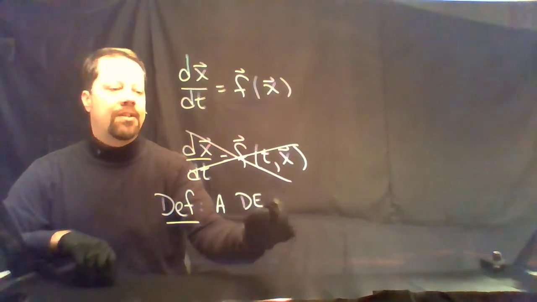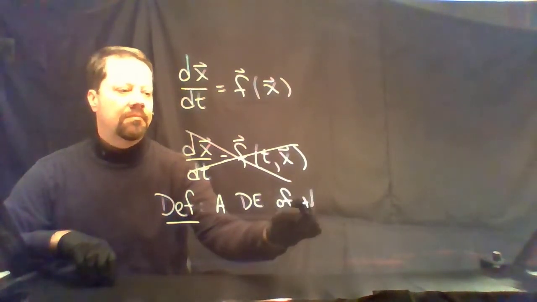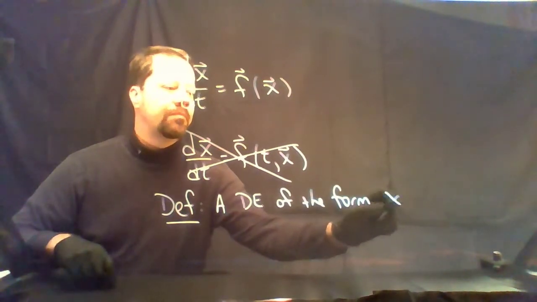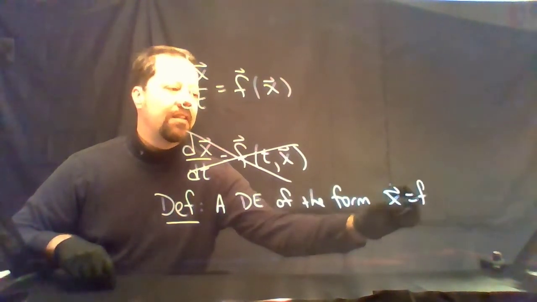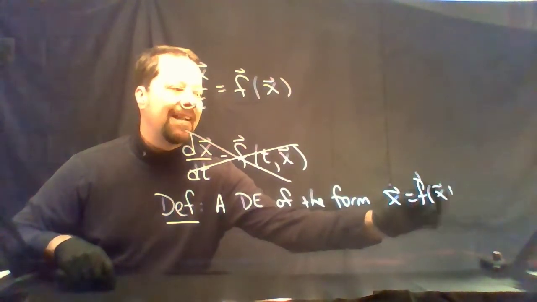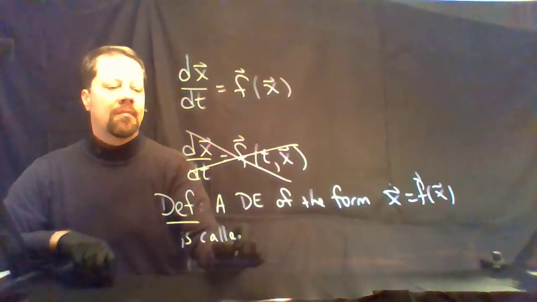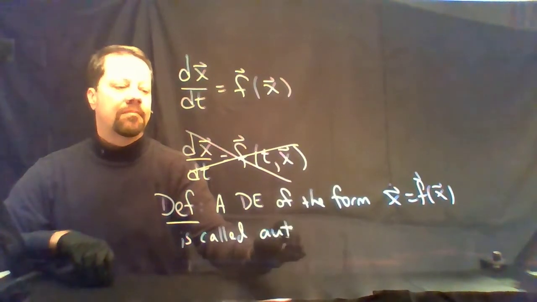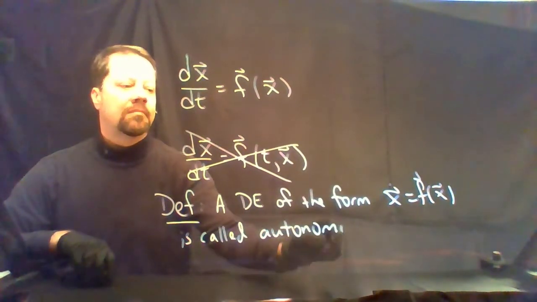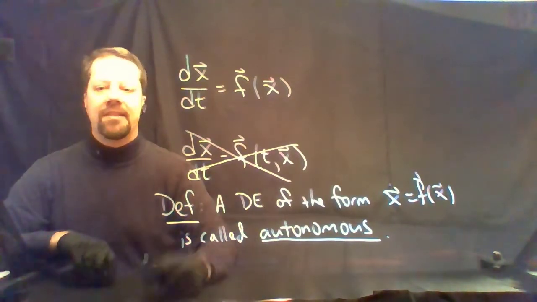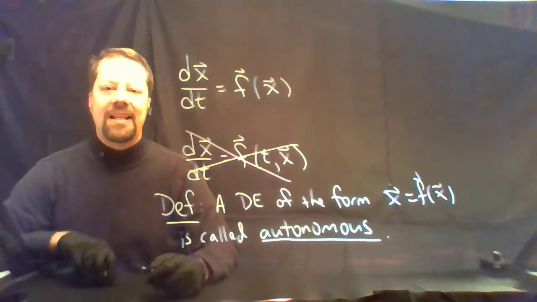A differential equation of the form x dot is a vector-valued function of x alone is called autonomous. It's independent of this independent variable t on the right-hand side.